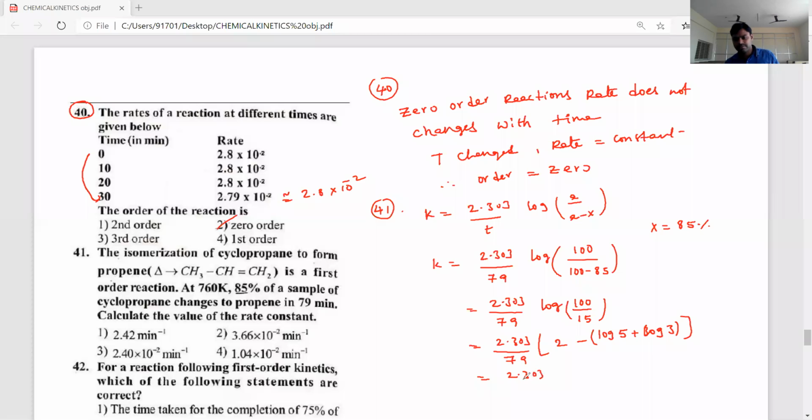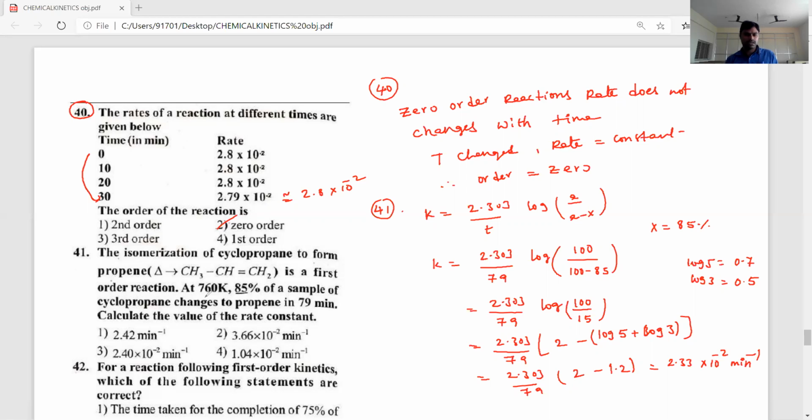Then 2.303 by 79 into 2 minus log 5 value, which is 0.7, and log 3 value is approximately 0.5, meaning 0.47 something, approximately we are taking 0.5. So log 5 plus log 3 value is 1.2, and 2 minus 1.2 is 0.8. On simplification, we will get approximately 2.33 into 10 to the power of minus 2 minute inverse.